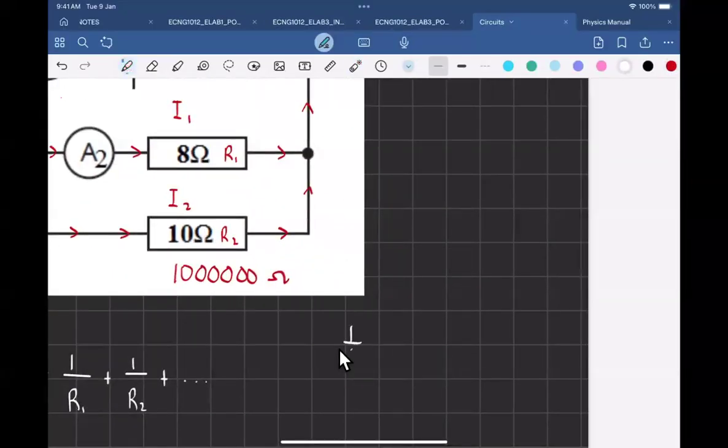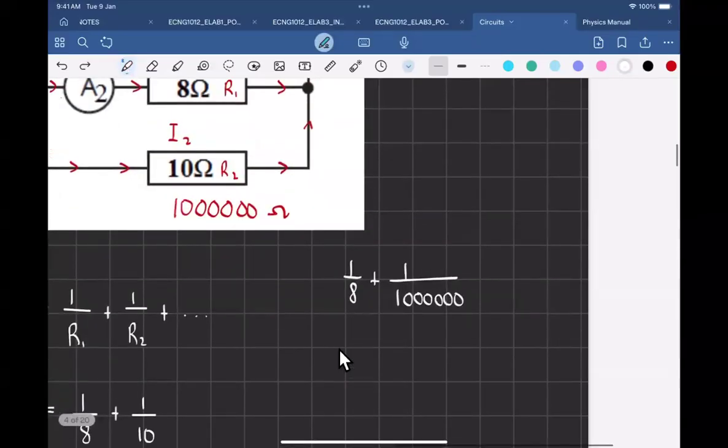So that'll be 1 over 8 plus 1 over, is that 1 million? Yeah, it is. I want you to plug that into your calculator. 1 over 8 plus 1 over a million. Try that, and then I want you to flip it. 0.125001.